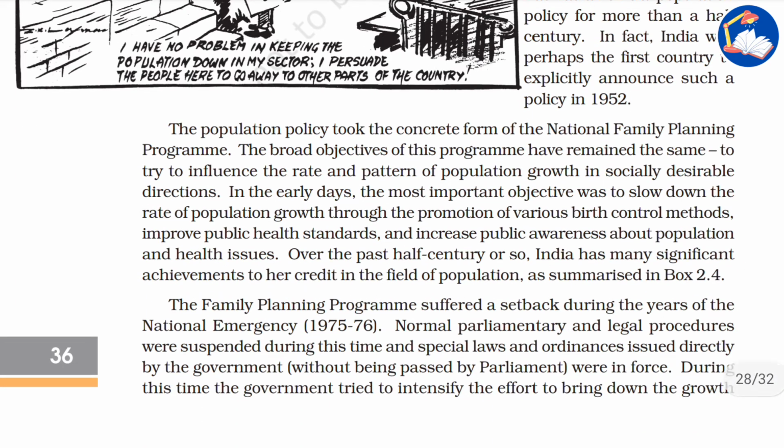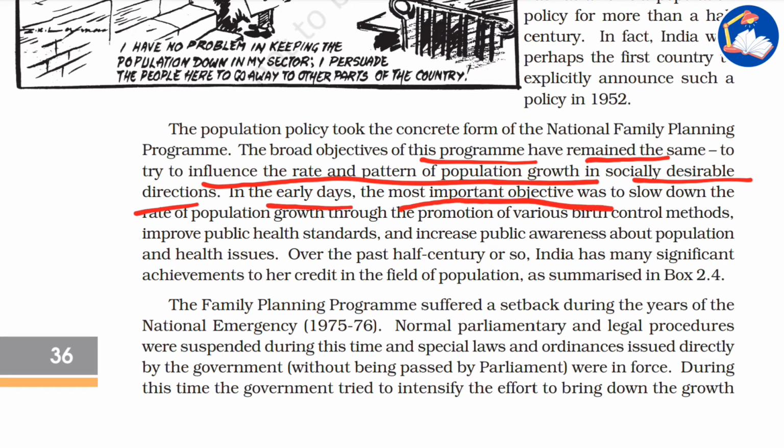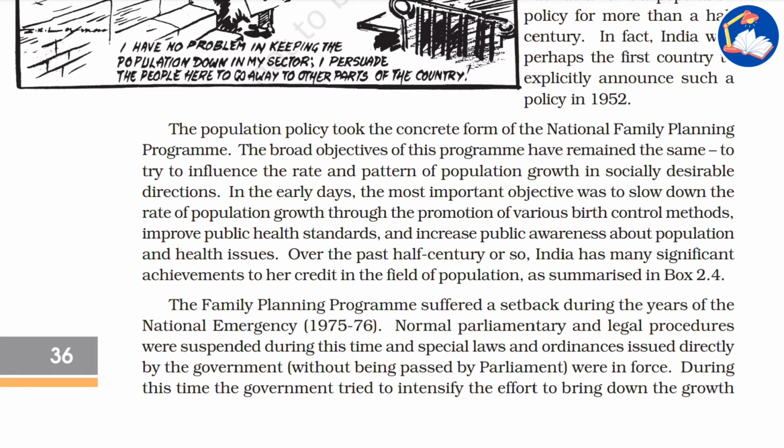The population policy took the concrete form of the National Family Planning Program. The broad objectives of this program have remained the same: to try to influence the rate and pattern of population growth in socially desirable directions. In the early days, the most important objective was to slow down the rate of population growth through promotion of various birth control methods, improve public health standards, and increase public awareness about population and health issues.